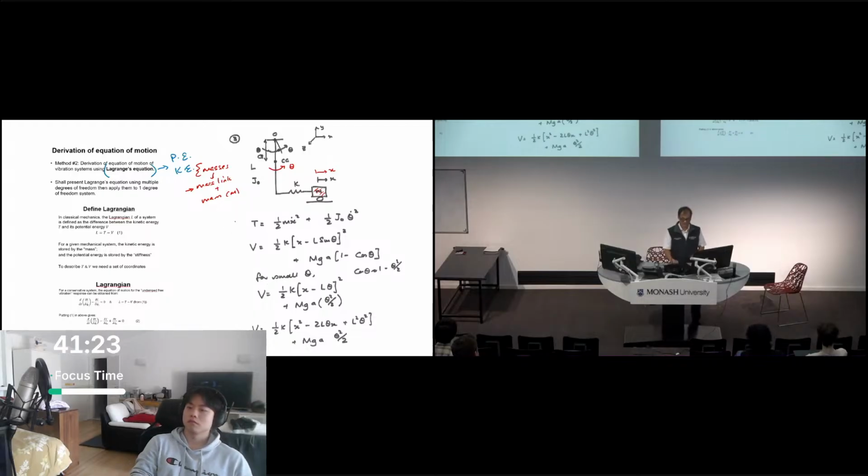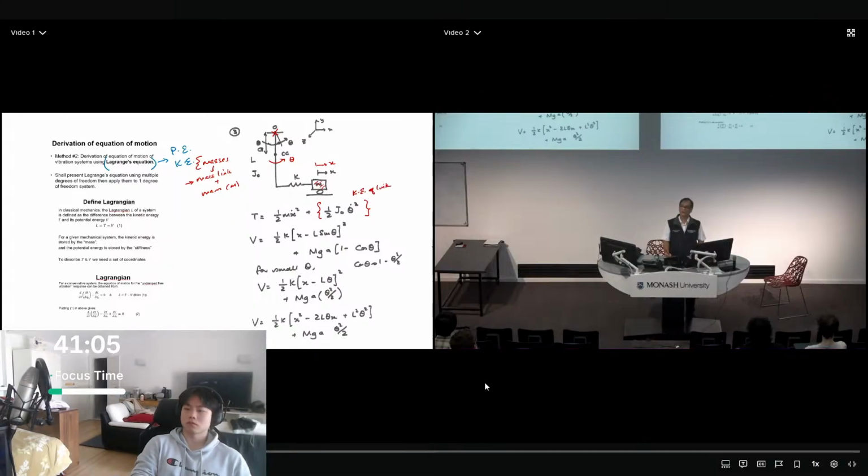Now, as far as a link is concerned, the kinetic energy I should be able to write in terms of its polar moment of inertia, and in this case it's about O. Okay, so half J naught theta dot squared, that will be the KE of the link. Alright?